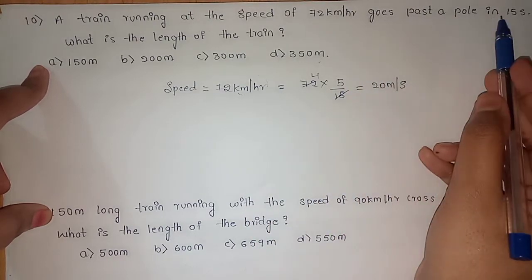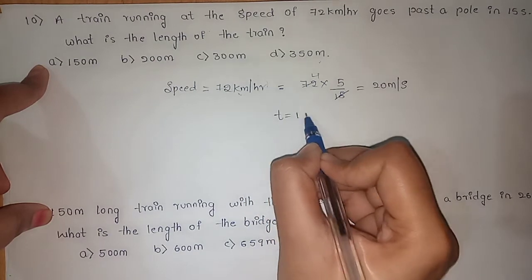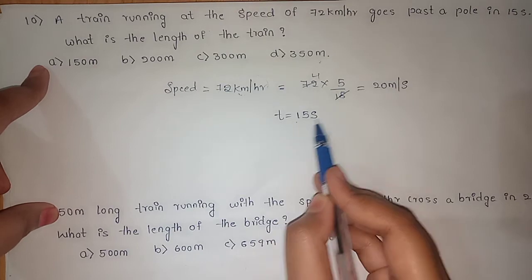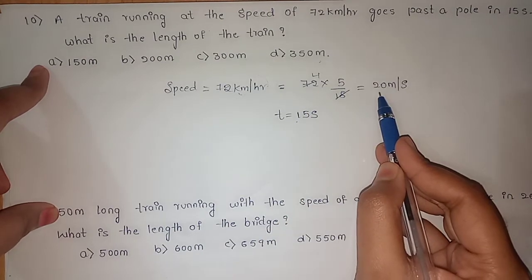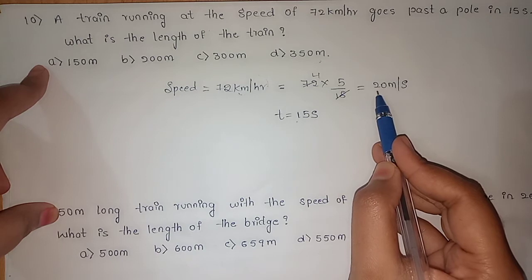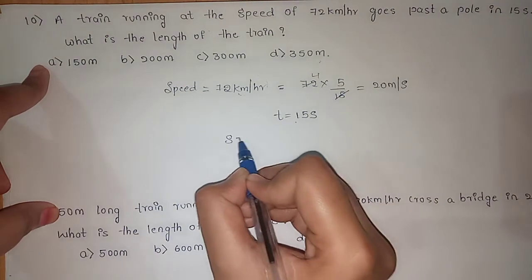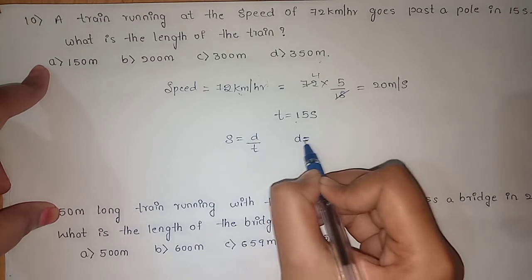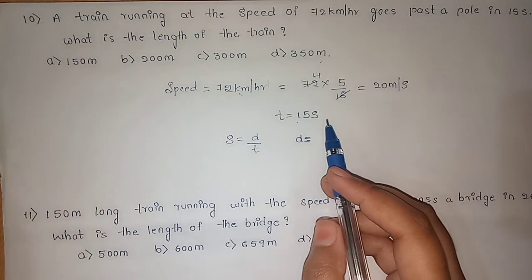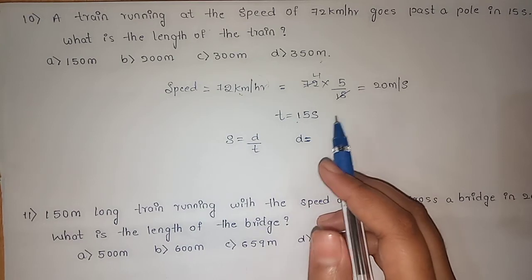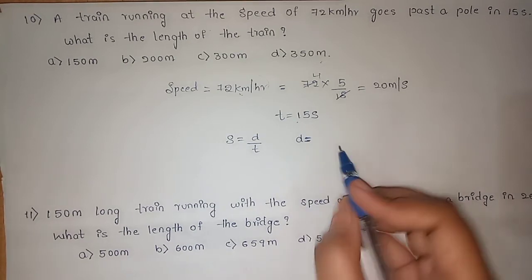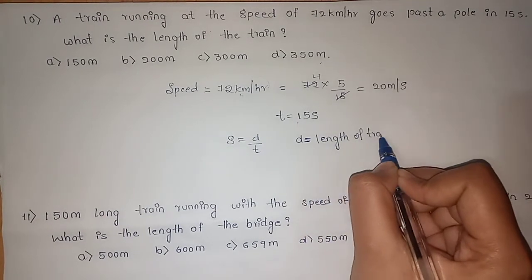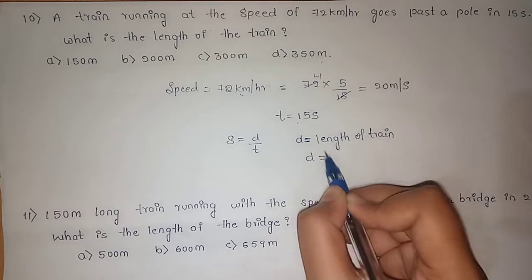Past a pole in 15 seconds. Time is given. A train is crossing a pole in 15 seconds at a speed of 20 meter per second. Then what is the length of the train? Speed is equal to distance by time. Then distance, as I already told you, when a train passes a signal post or any other small object, then distance is equal to length of train.